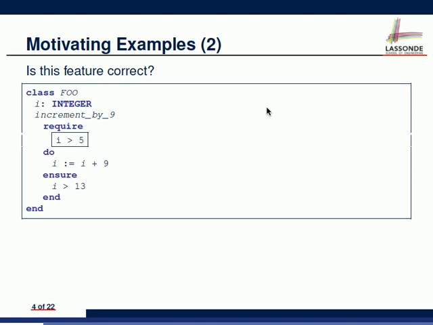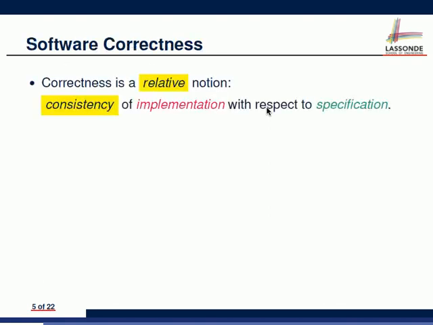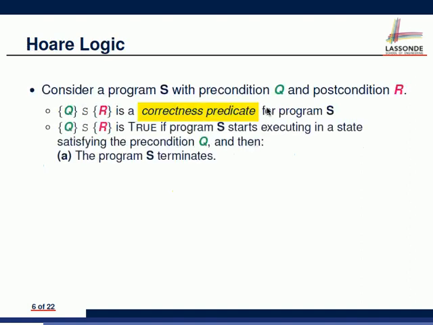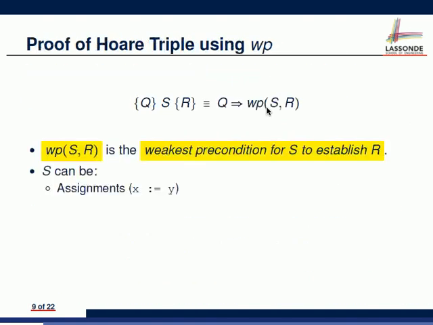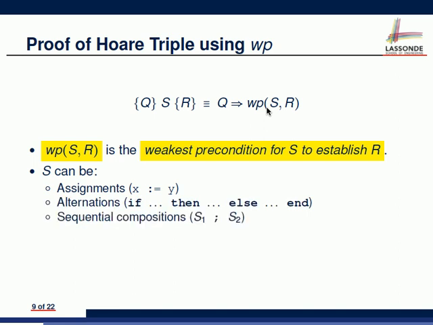Okay guys, let's go over some rules. Let's now see how we can calculate. The Program-S can be assignments, it can be alternations, if and else, conditionals, and sequential compositions. In Eiffel, you don't necessarily have the semicolon, but you can imagine that we got semicolon, just like in Java.